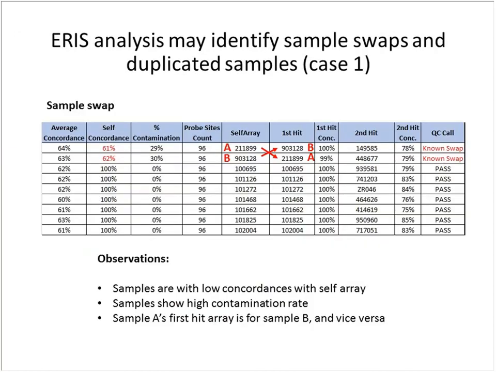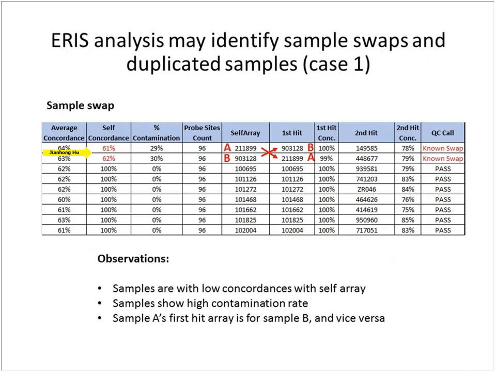ERIS is a powerful tool which can identify sample swaps and duplications. So here's an example of a sample swap. There are 2 samples. They showed a high contamination rate and a low concordance rate with their own array.